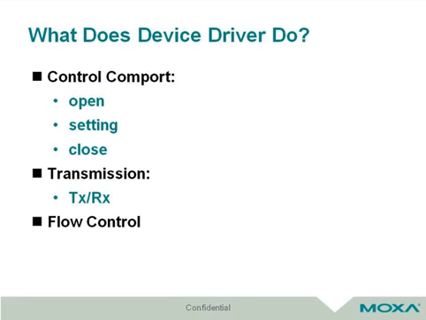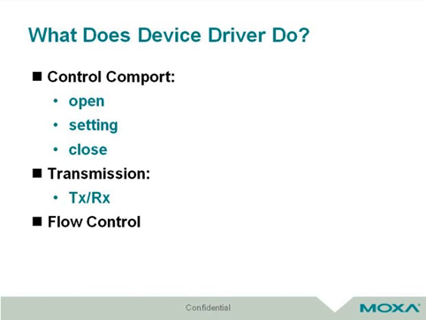In serial communication, what does the driver do? In a word, driver involves in everything related to this communication. As we can see on the screen, it can control COM ports, set its variables, or close it. Transmitting and receiving data are its jobs too.